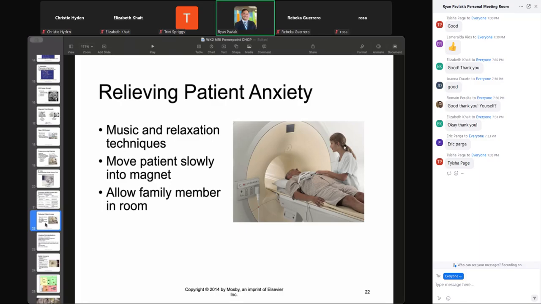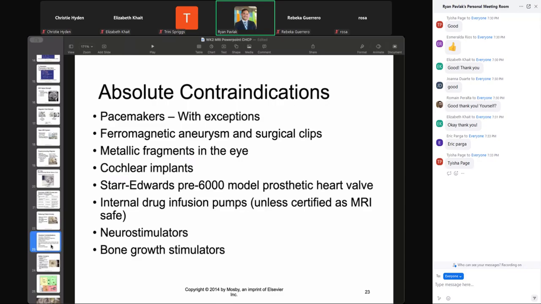Putting the patient in slowly, moving them back out, allowing family members in the room, really talking to the patient, different breathing techniques. All of these things are going to help a patient's anxiety. And for me, just explaining the MRI process and explaining the fight or flight response that might be going on and why they're feeling anxious used to make me pretty good at getting people to finish an MRI without having an issue.